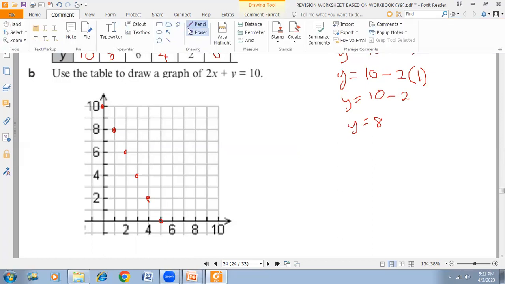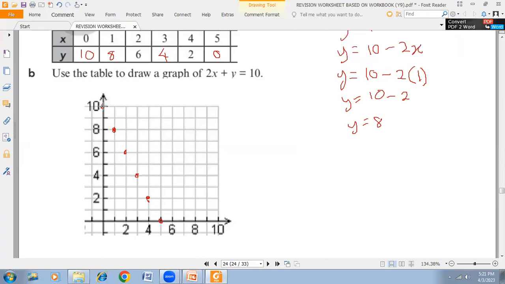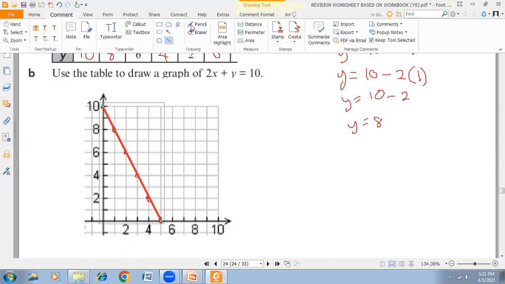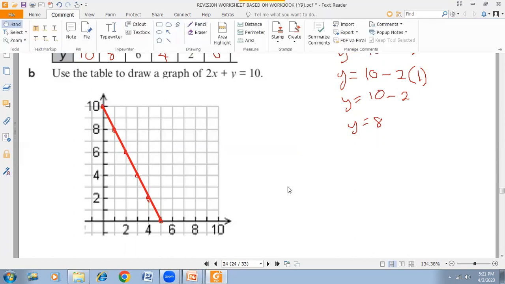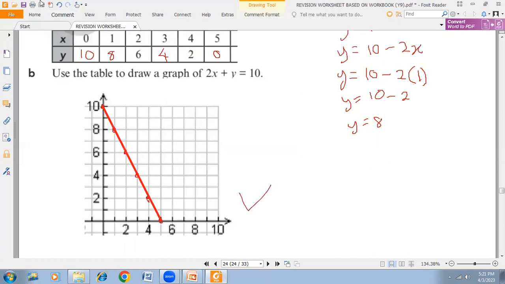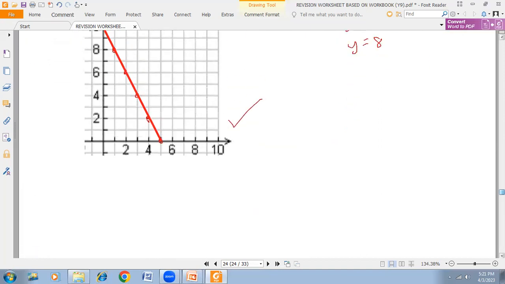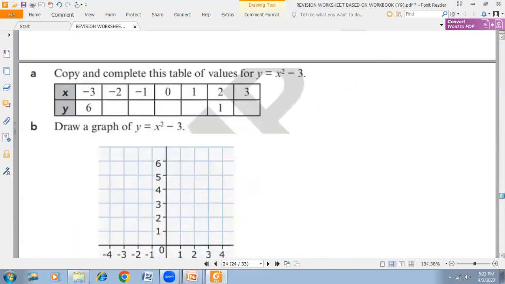Now let's draw a straight line graph. So this is the correct answer for it. You can pause the video or replay it if you don't understand the concept.